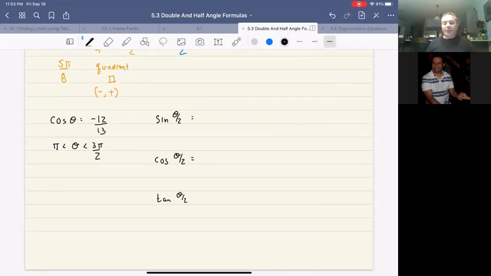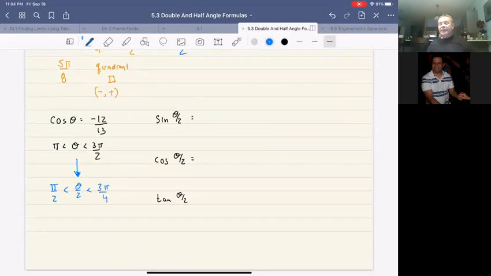Okay, so the first thing we're going to do is determine where theta over 2 lives. What quadrant does it live in? Since theta is between pi and 3 pi over 2, for theta over 2 we're just going to divide everything by 2. So pi over 2 is less than theta over 2, which is less than 3 pi over 4.